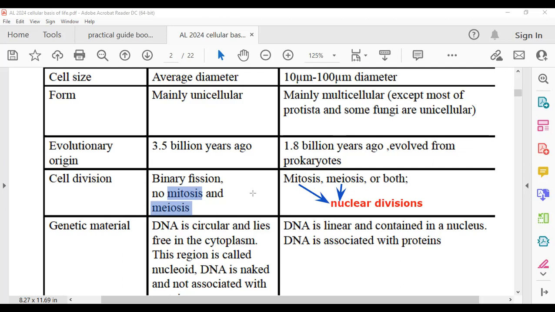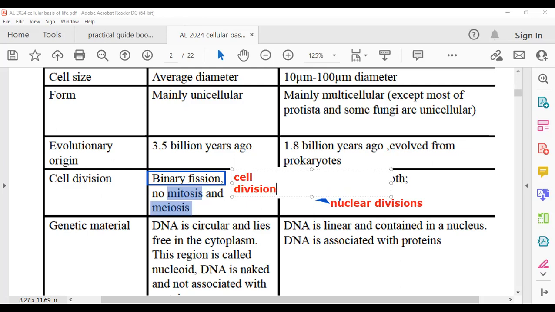Do we notice a nucleus in prokaryotic cells? No. If there is no nucleus in the prokaryotic cell, can you expect nuclear division there? No. Binary fission, it is a cell division. Who is dividing?